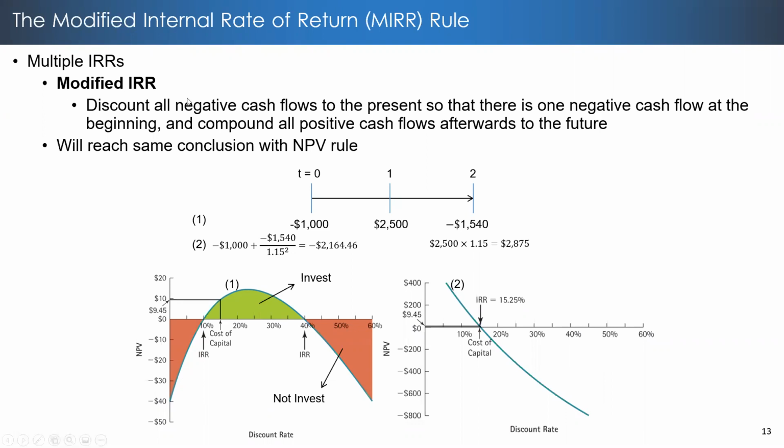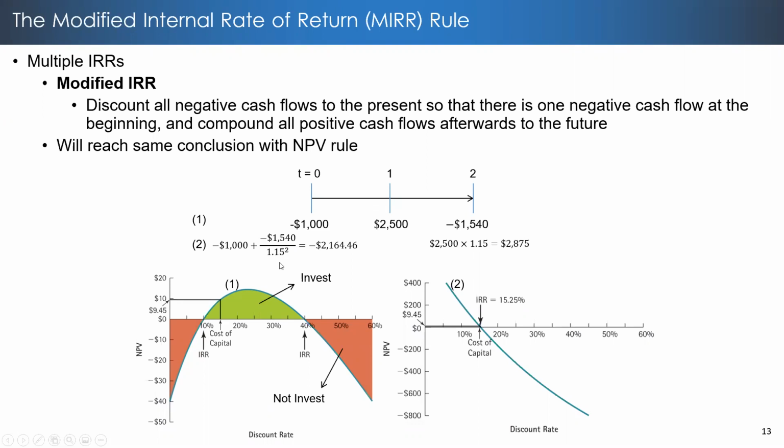If you want to use the modified IRR rule, you have to have an assumption for discount rate, then it basically takes away the benefit of using this IRR rule in the first place. So remember, the benefit of IRR is that we don't need to have an assumption for discount rate. However, if you want to use this modified IRR rule, you have to do that.